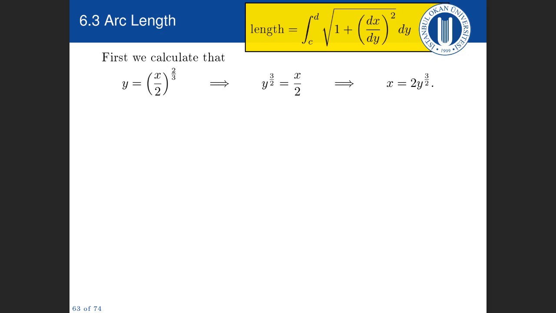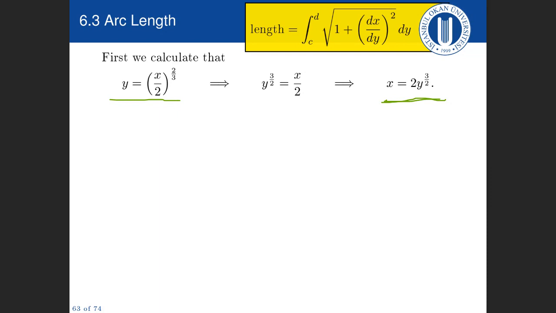I need dx dy, and so far I only have y is equal to a function of x. So the first thing to do is to rearrange this. Put each side to the power 3 over 2 to get y to the power 3 over 2 is x over 2, and then multiply both sides by 2. This is the same as x is equal to 2y to the power 3 over 2.